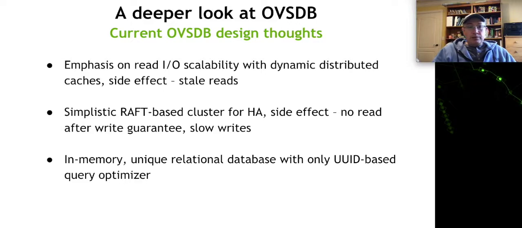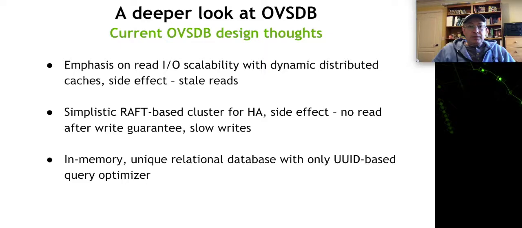But today I wanted to have a deeper look at OVSDB and analyze what we currently have as far as the OVSDB design is concerned. First of all, it was originally designed with the emphasis on read IO scalability, for an important reason: as long as we can very efficiently do read operations at scale, we can propagate the flow as a polling model all throughout the HVs.